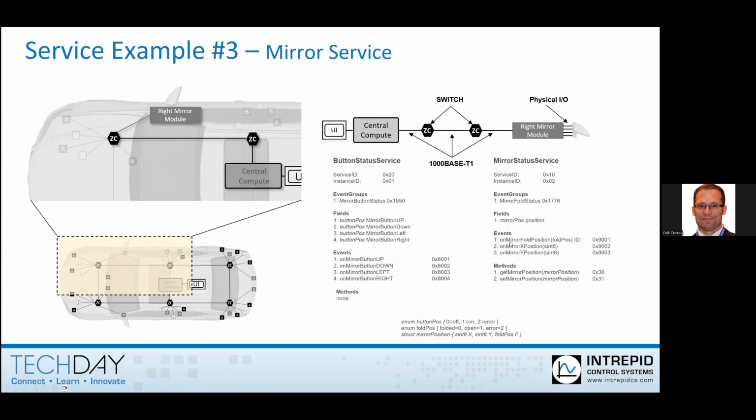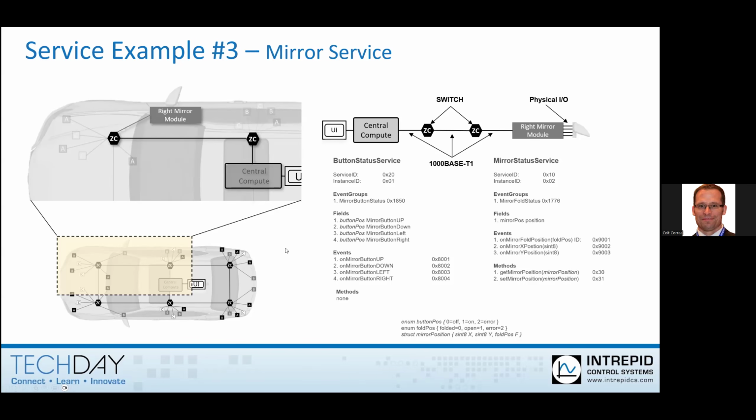And then the events will be if the fold position changes or if any X or Y position changes, those could be events. And then we could have setters and getters on that, where you can set and get the fold position, X and Y position for the field that is mirror position. So with these methods, the get and the set, we can actually change the mirror position.